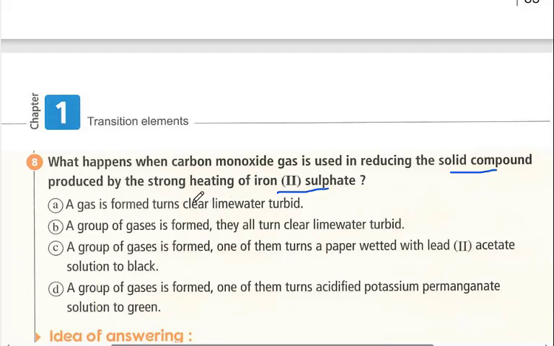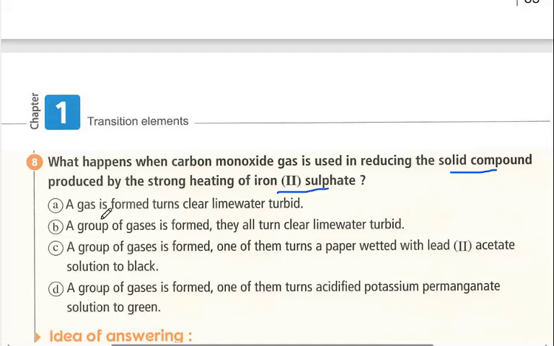So ferric oxide will be reduced, under a certain condition, into magnetic iron oxide or ferrous oxide. If it is reduced at a temperature from 400 to 700, it produces ferrous oxide or iron 2 oxide.